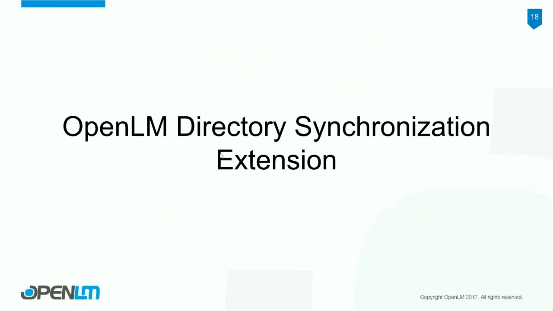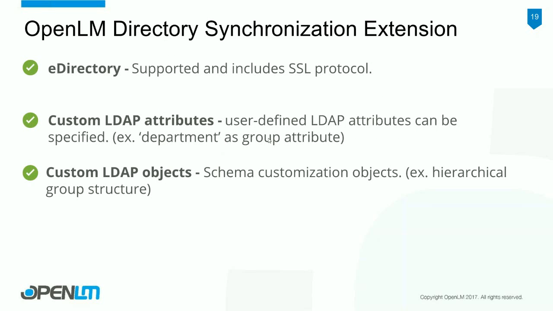So the next improvement, next enhancement is in the directory synchronization. So first of all, we've added eDirectory support. Now you'll be able to group users by the attributes such as department or country or anything that you have in your Active Directory.